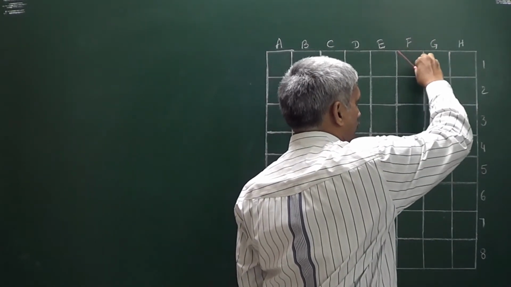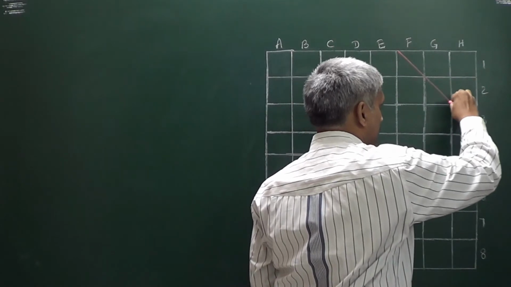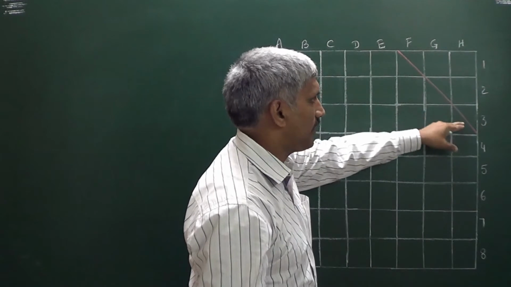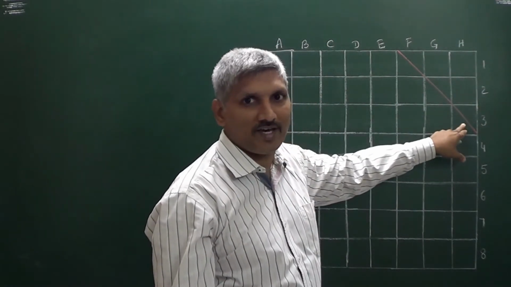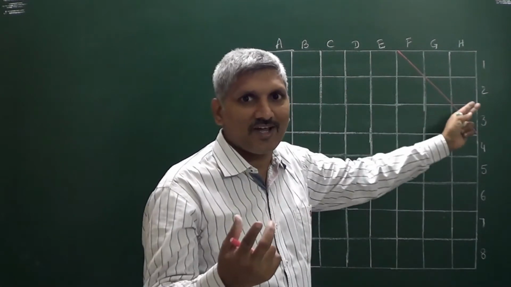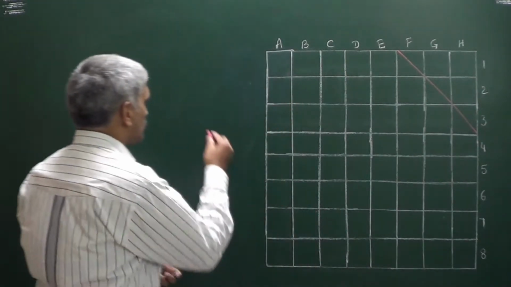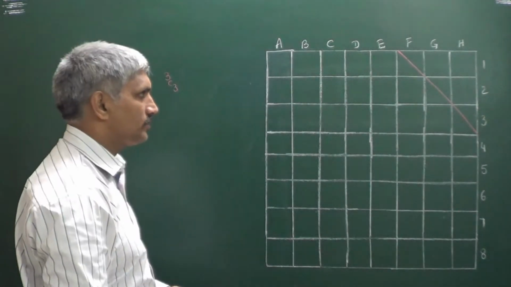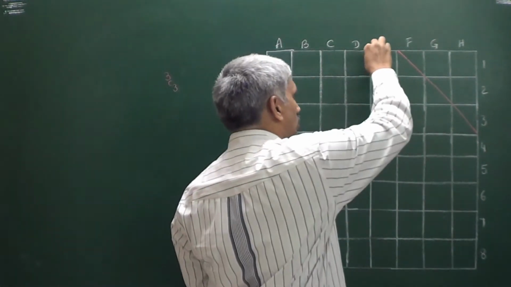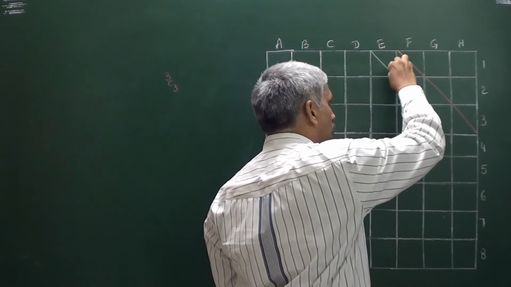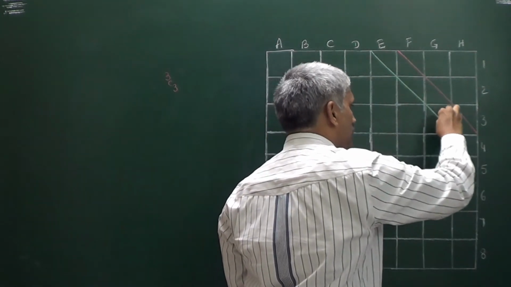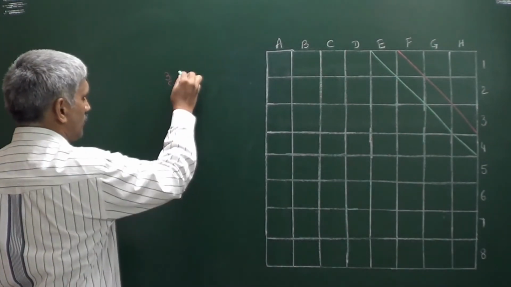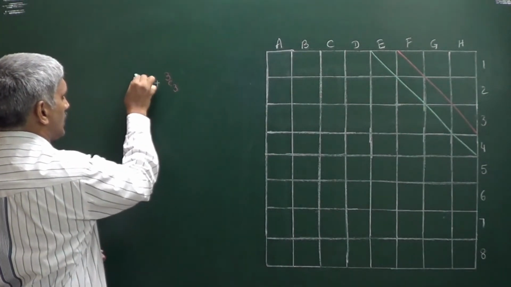If we select from these 3 squares, they lie along the common diagonal, so that can be done in 3C3 ways. Now you may select along this diagonal also. Along this diagonal how many squares are there? 4 squares are there. From those 4 you can select any 3.